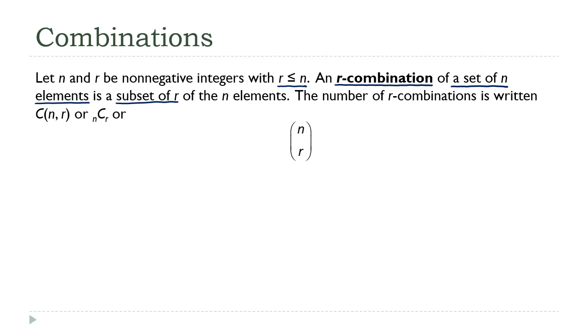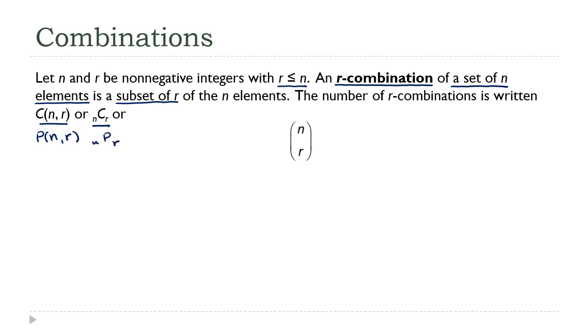The way we write the number of r-combinations, which is what we're really going to be looking for here, is C(n, r) or nCr. Sometimes I'll read that as n choose r. You'll notice this parallels the notation we used for permutations, which was P(n, r) or nPr.